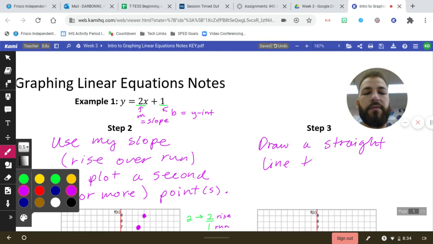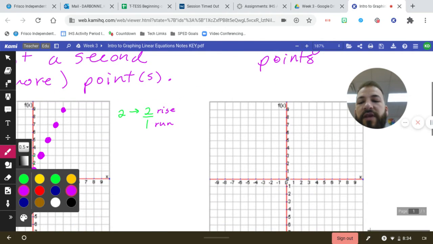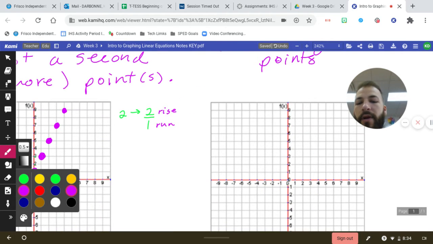Okay. Now, the very last thing, step 3, is to draw a straight line through the points. Just like I had on my other ones over there, I have my points.